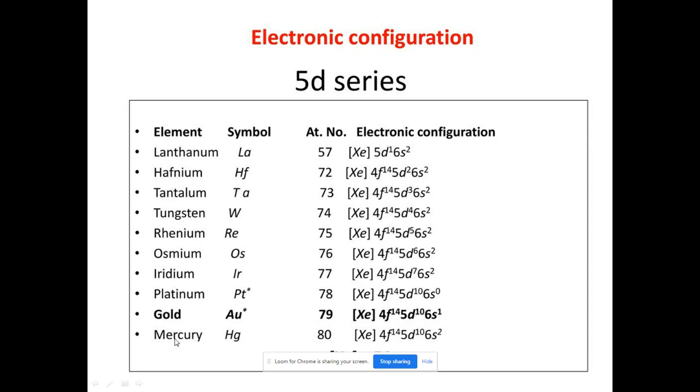And the last element of the 5d series is mercury, which exists as a liquid at room temperature, whose symbol is Hg with atomic number 80. Electronic configuration is xenon 4f14 5d10 6s2.